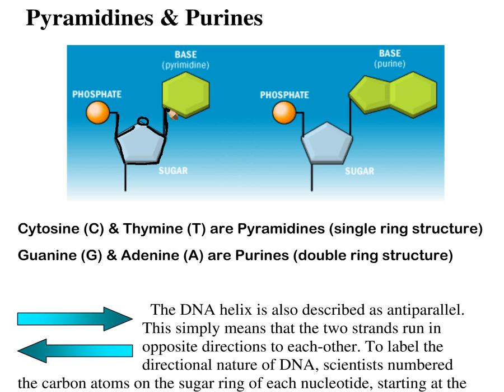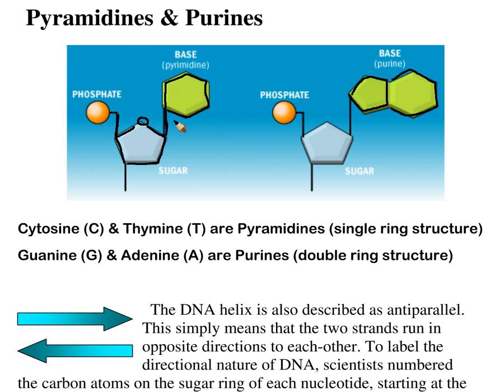But the important thing to note is that some of these have this single ring structure, whereas some of the bases have a double ring structure. And you might be wondering, why is this important, or what has this got to do with anything? Well, it actually is important to ensure correct base pairing.